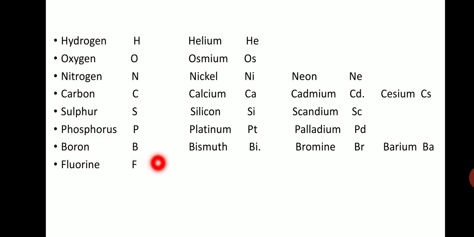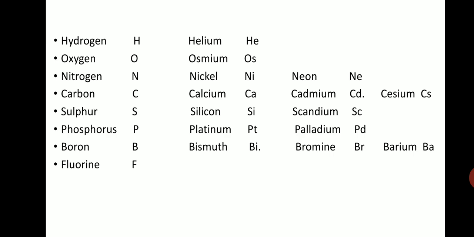Boron is written as B. Bismuth is written as Bi. Bromine is written as Br. Barium is written as Ba. Fluorine, F. Like that, we can represent the elements by the first or second letter of their name, or if the second letter is already used, we use the third letter or fourth letter.